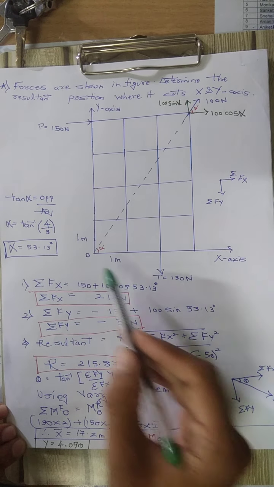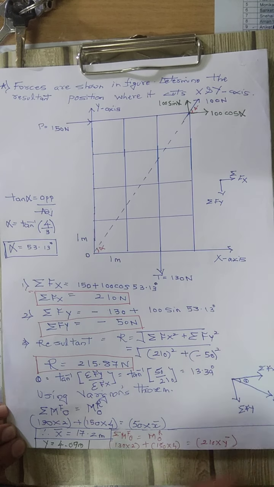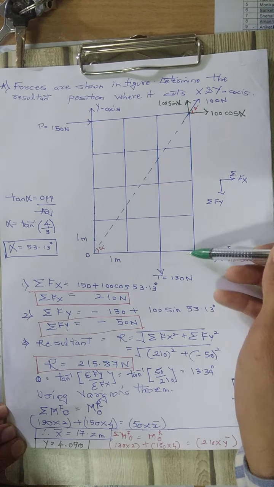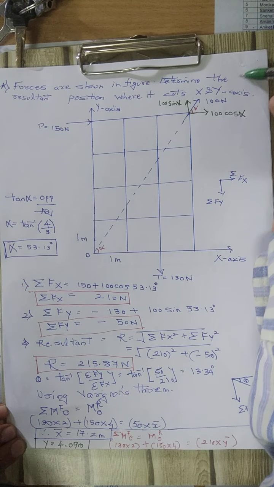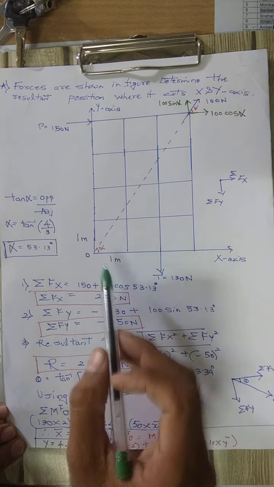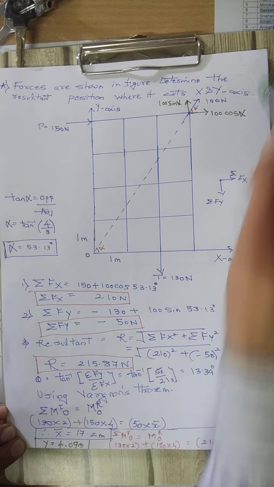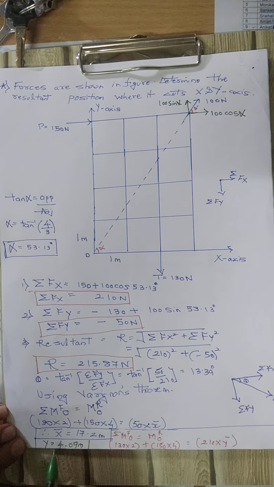Along the x direction it is far away from this grid, and along the y direction again it is beyond. Because the y distance is beyond 4 meters and the x distance is beyond 3 meters, the resultant acts at a point far away from the grid.